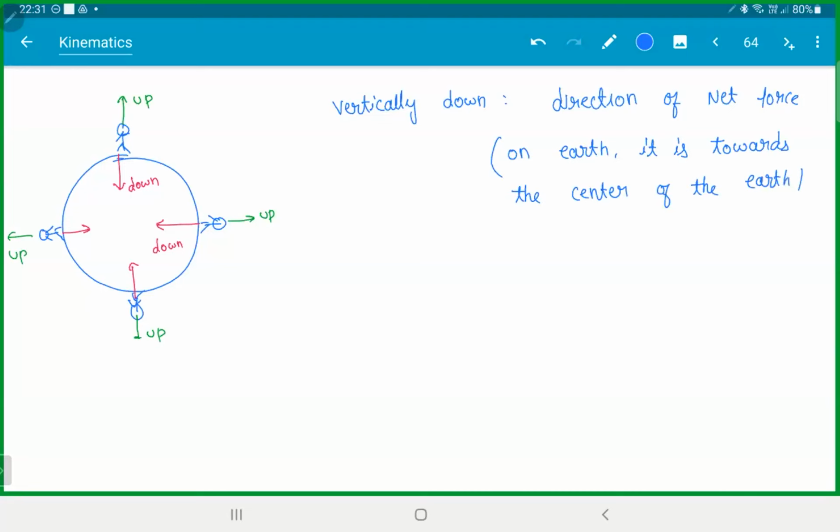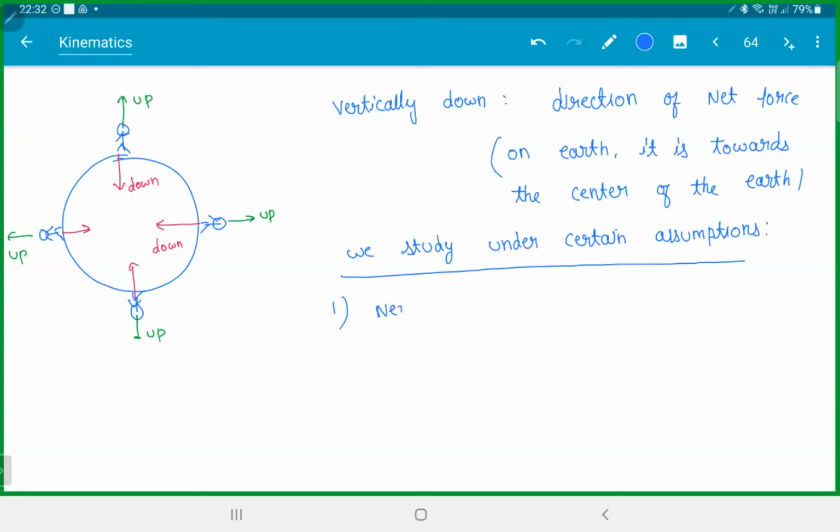Now, whenever we study motion in a vertical direction, we study under certain assumptions. The first one, we neglect air resistance. It'll make our study easier.